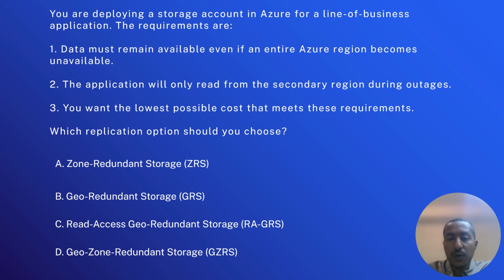You want the lowest possible cost that meets these requirements. Which replication option should you choose? A. ZRS, B. GRS, C. RAGRS, D. GZRS.